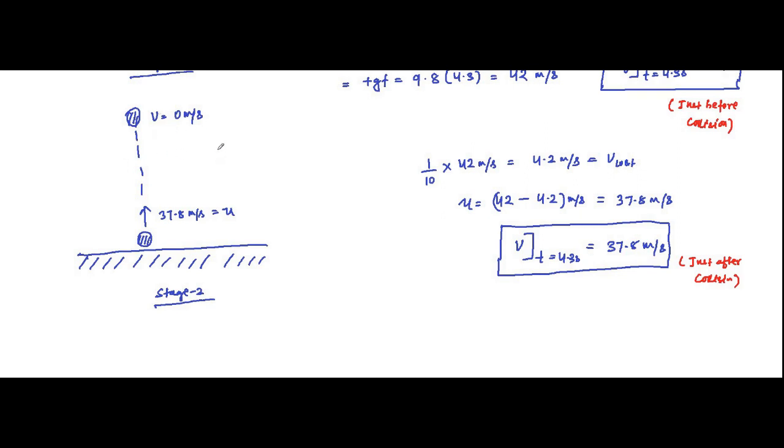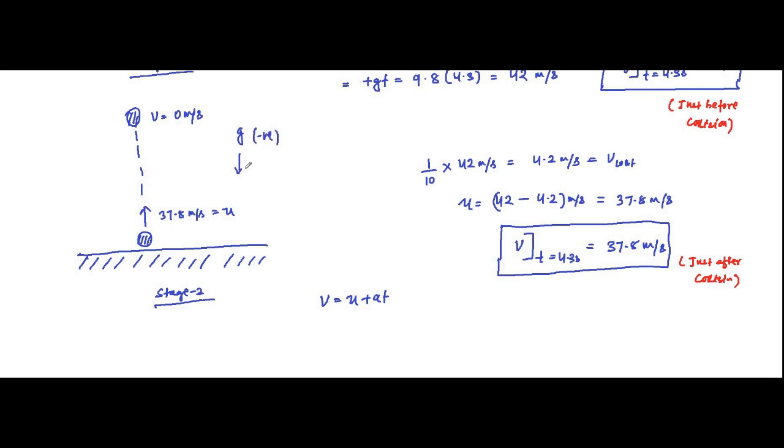We are interested in finding the time, which is very important. So how much time does it take to come to rest? We find that again using v is equal to u plus at. Here acceleration due to gravity is acting downwards, so it will be negative.